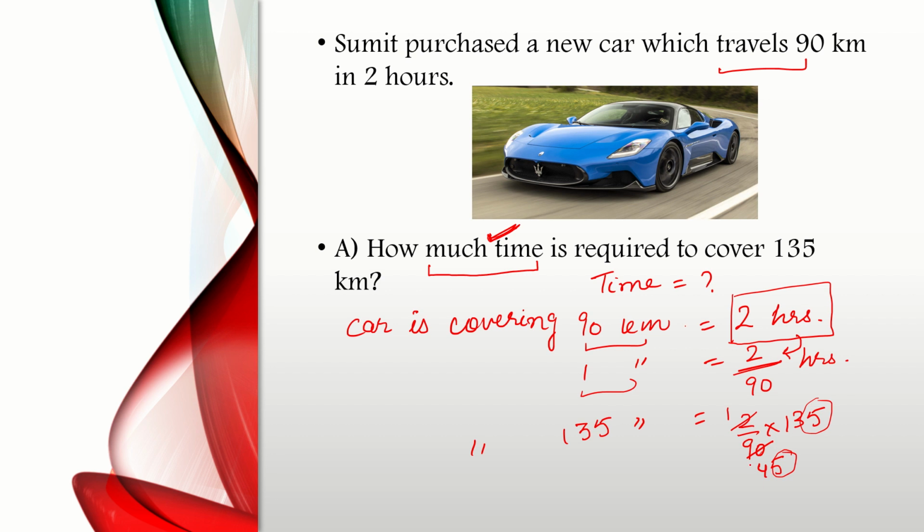As there is a 5 at the unit place, I know both the numbers are divisible by 5. I hope all of you know the divisibility test by 5, that a number is divisible by 5 if the digit at unit place is 0 or 5. So I can cut it with 5 also, and you can cut with 45 also. 45 ones are 45, 45 threes are 135. So 1 threes are 3, so the answer will be 3 upon 1, that is 3 hours.